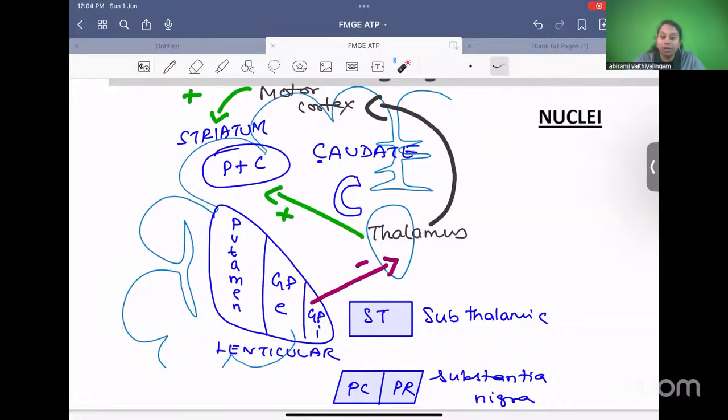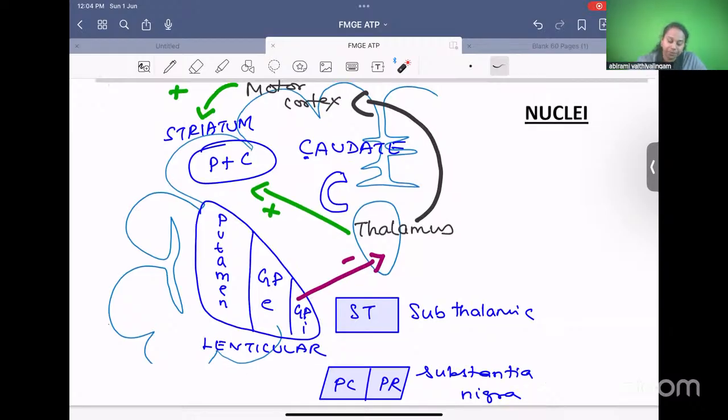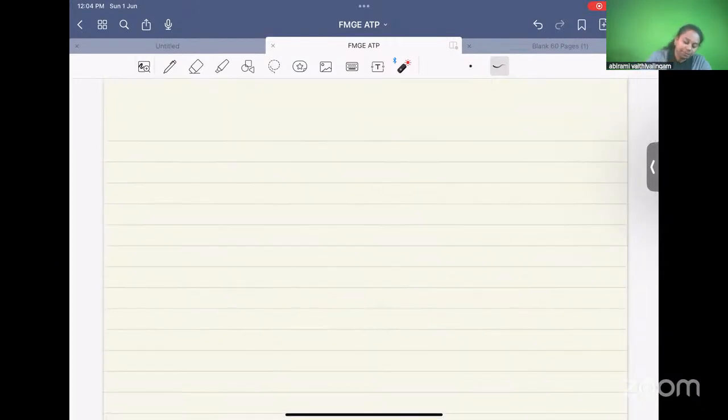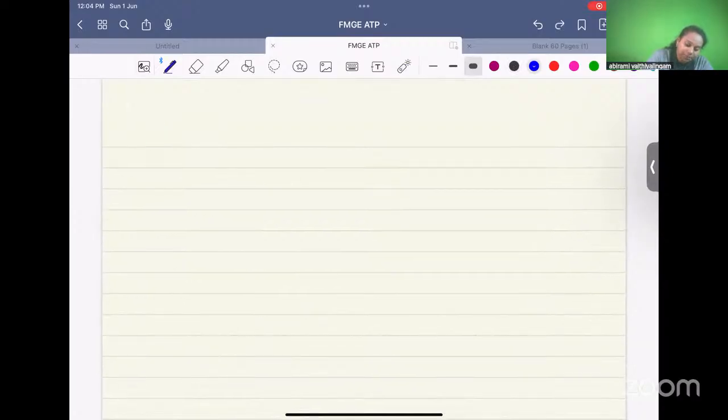Now, what are the functions of the basal ganglia? The main function is to keep you at rest. At rest means you don't do any movement.